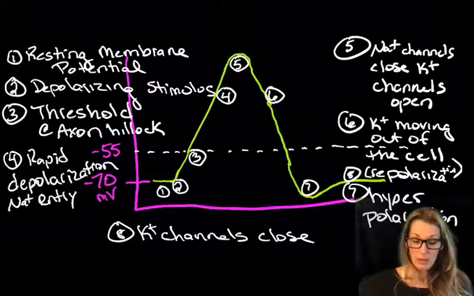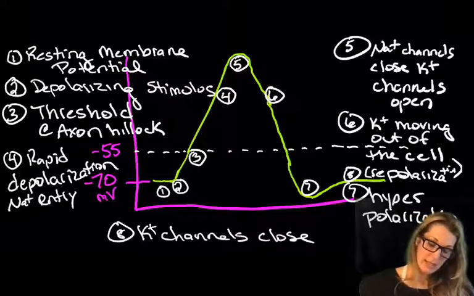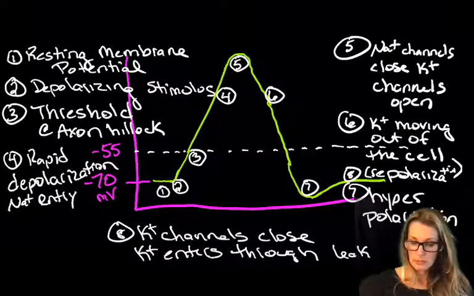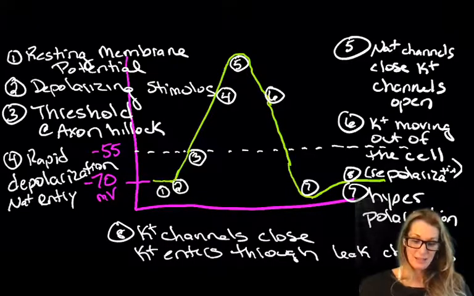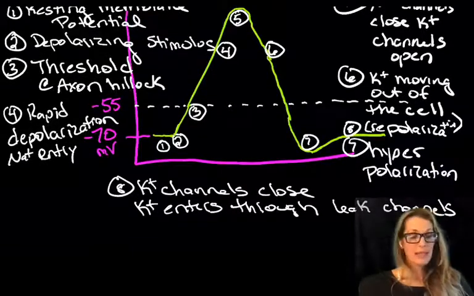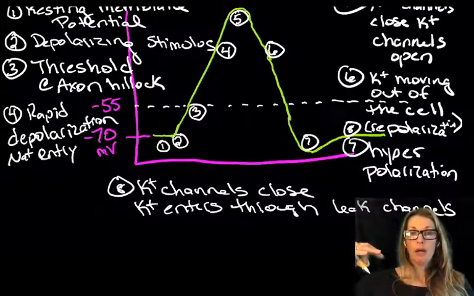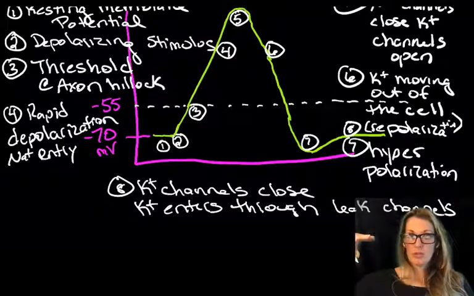The way that we get a little bit more positive is that potassium enters through leak channels. So potassium enters through the leak channels, bringing us back to our negative 70 millivolts.